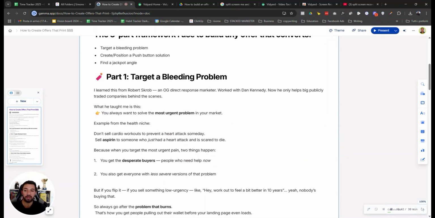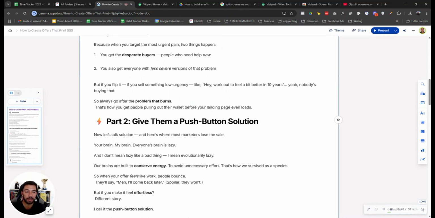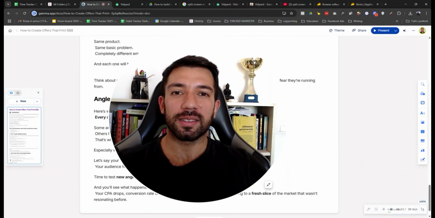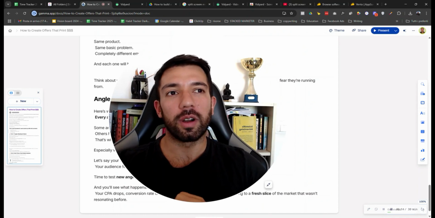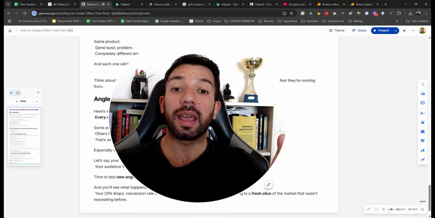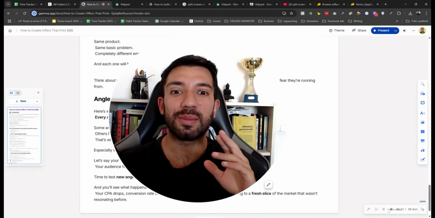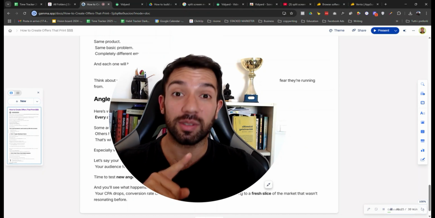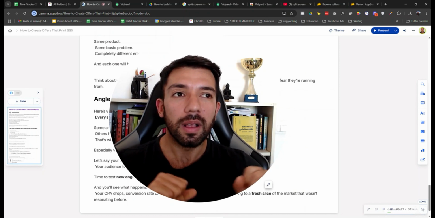Of course, there are more things, but these are really the three pillars to make money on cold traffic. So this is my three-part framework to create offers that convert. If you can nail these three, which is simple but not easy, you can get very successful on cold traffic.